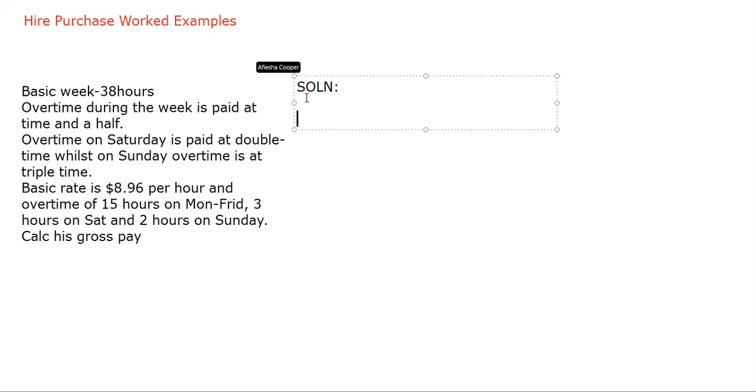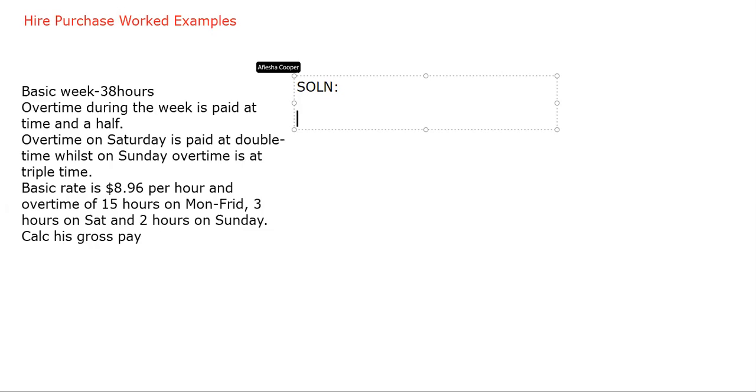So the first part, we read it. We understand what they are asking us for, which is his gross pay. Now we're going to think about ways to work out his gross pay. We know that we need to work out his pay without any overtime. Then we need to work out his overtime pay. And then we add them together to get his gross pay.